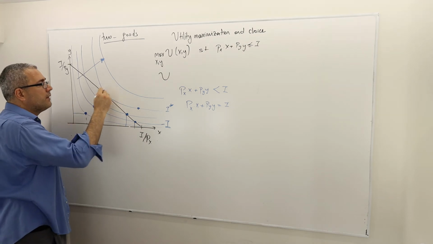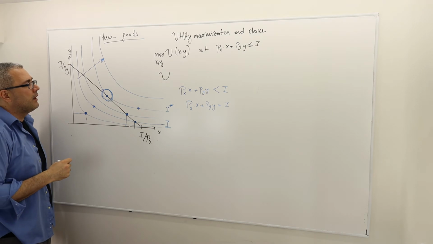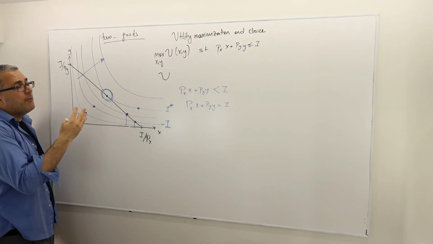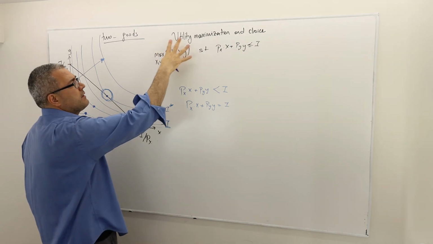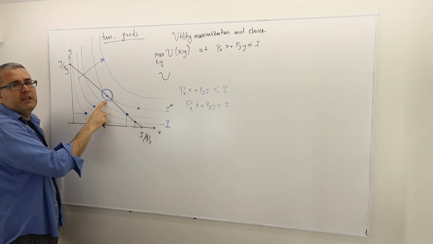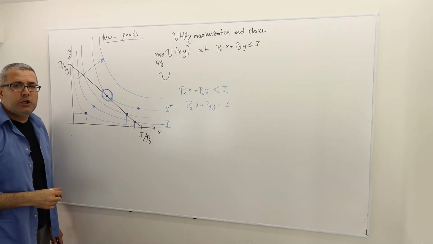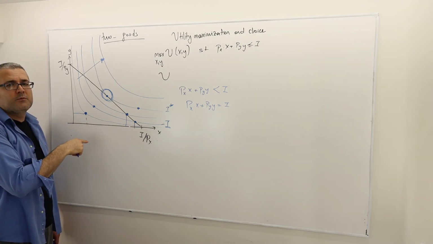So therefore, this point must be my optimal consumption. So that means the solution to this maximize utility subject to budget constraint problem has to be this point, all right? Very well, but what can I learn from this geometric observation?